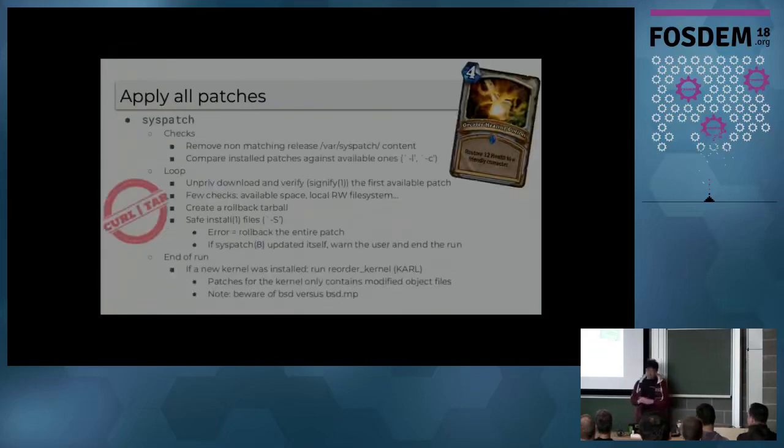Now we have syspatch without any option. As I mentioned, that's what will install all the missing patches on your machine. It does a few checks before. It removes anything that doesn't match the actual release, and that's stored under /var/syspatch. The hierarchy there contains the actual CVS diff patch, so you can know exactly what the patch does.